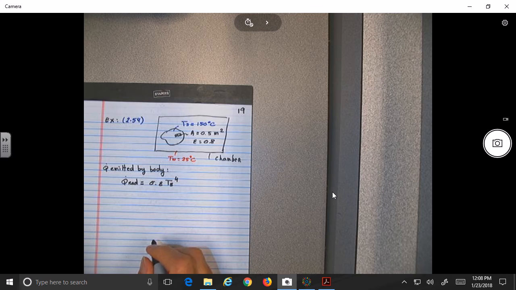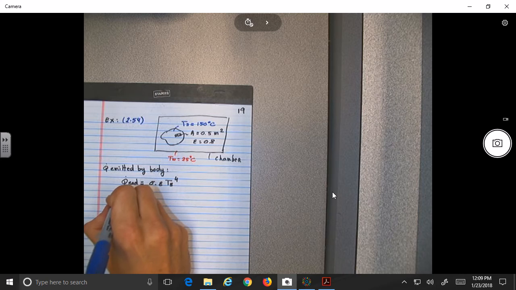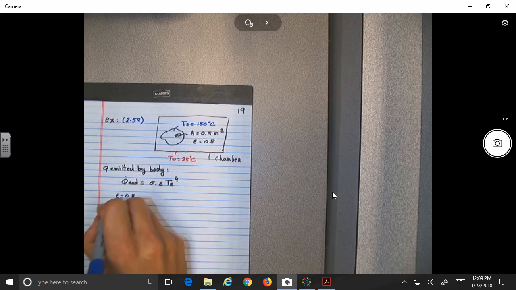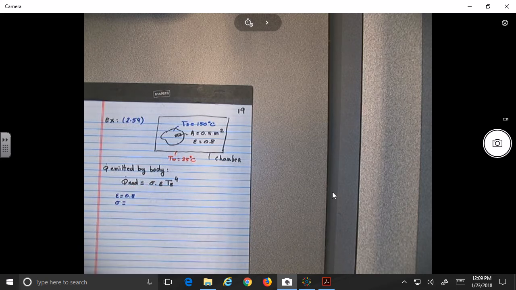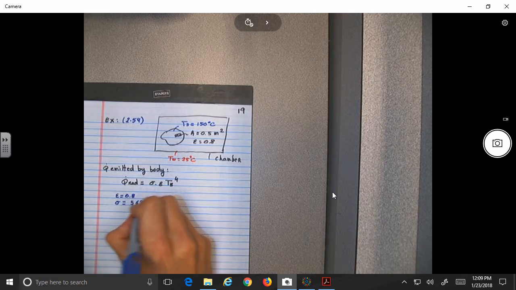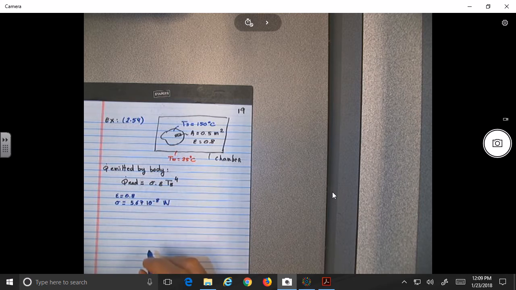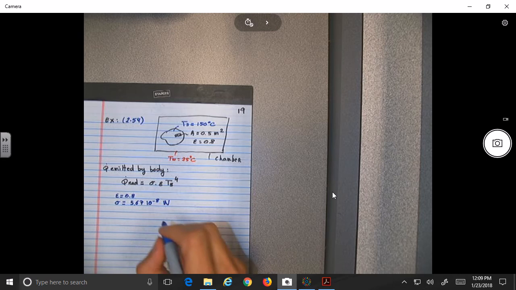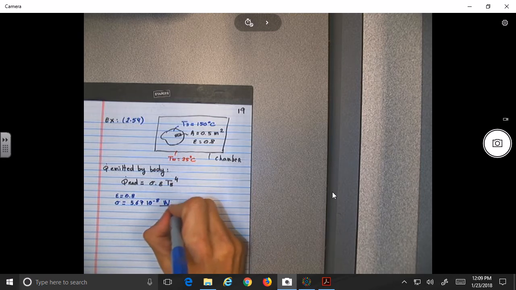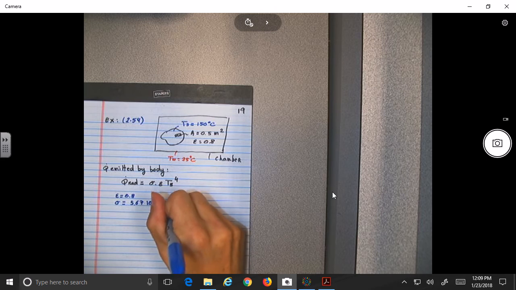All right, so again, I don't know the value, so here we know that epsilon is 0.8, sigma is equal to what? 5.67 times 10 to the minus 8 watts per meter square Kelvin to the fourth.